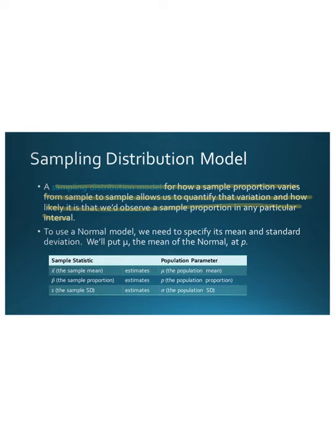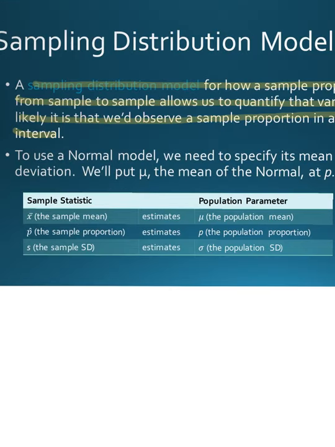Okay, so if we look at this table down below, the table tells us for a sample mean, we use an X bar. It estimates the mu, the true population mean. And remember, today we are talking about sample proportions.